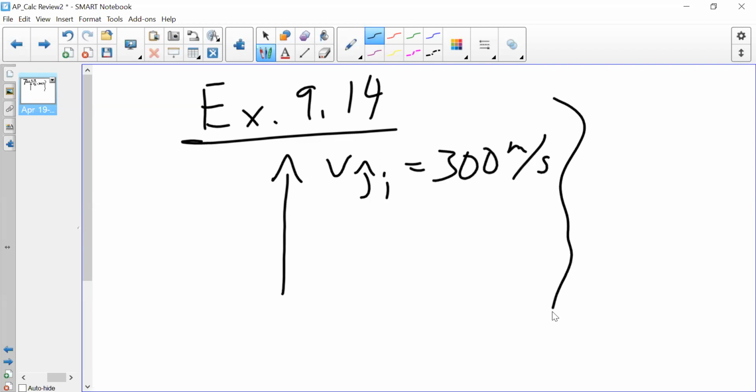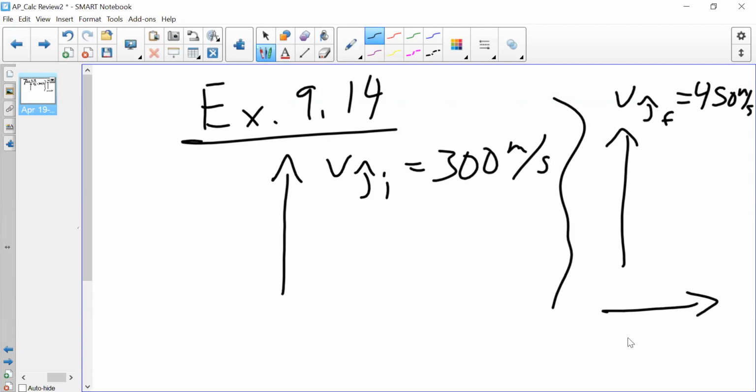Then there's an explosion, and then we have one fragment going in the y direction in the aftermath at 450 meters per second, and another along the x-axis at 240. And what about the speed of the third fragment?